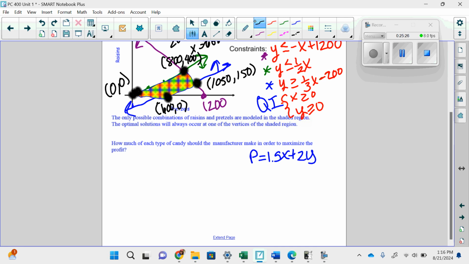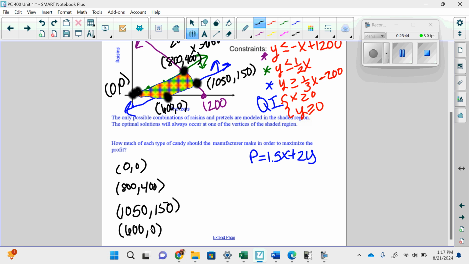So there's our profit function. We have the option of 0, 0, which we don't even need to test. There's no way that selling nothing is going to optimize our profit. So that's a toss out, which is nice.